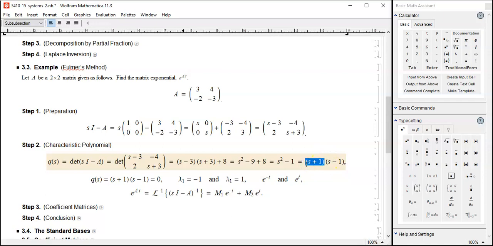So we have one factor, and then we have another factor, and there are two different factors. So from the first factor, s plus 1, I get one eigenvalue, and from the second factor, I get the second eigenvalue.